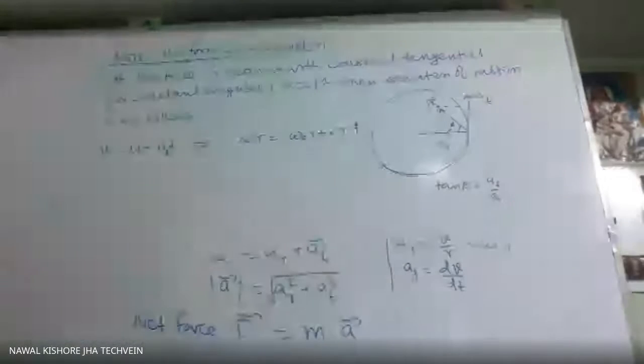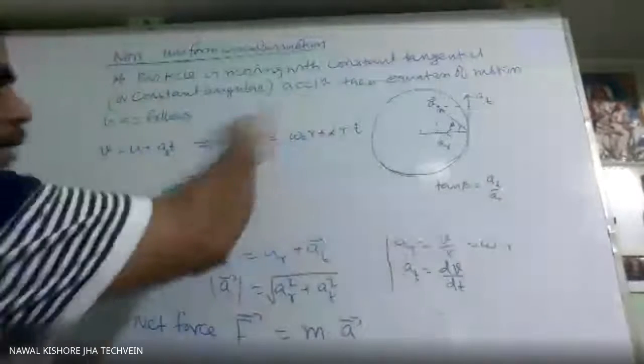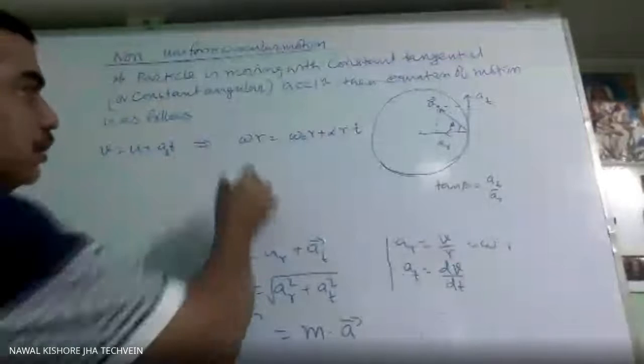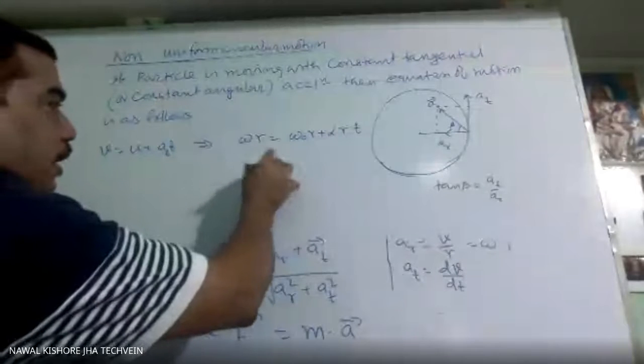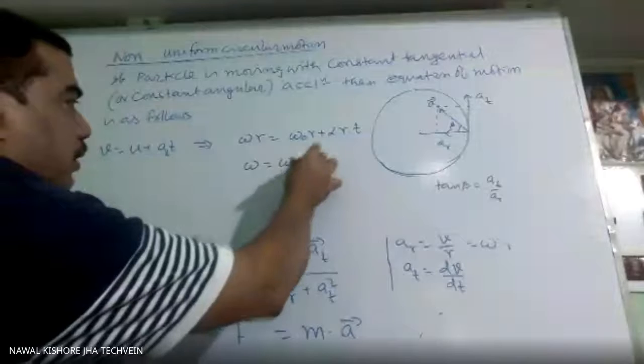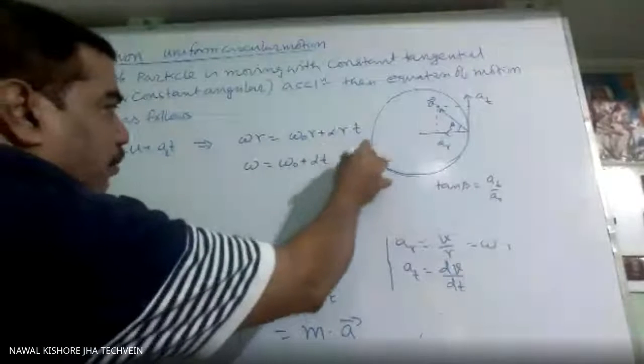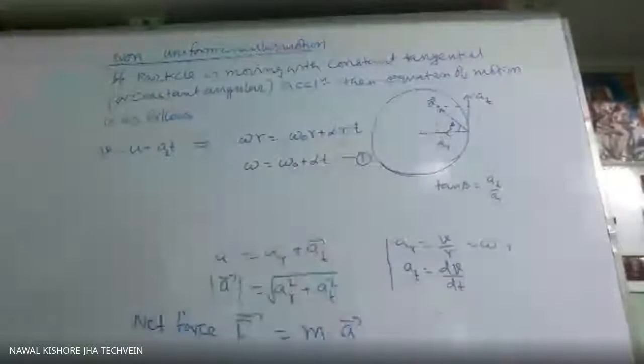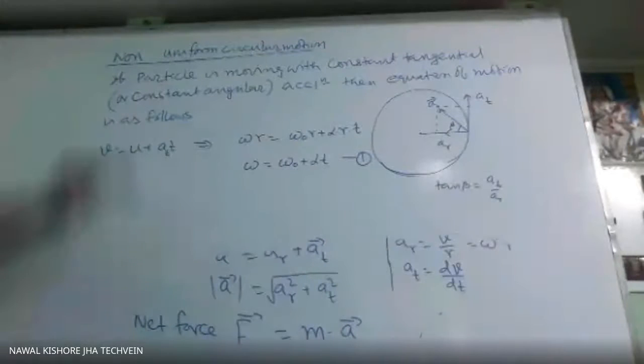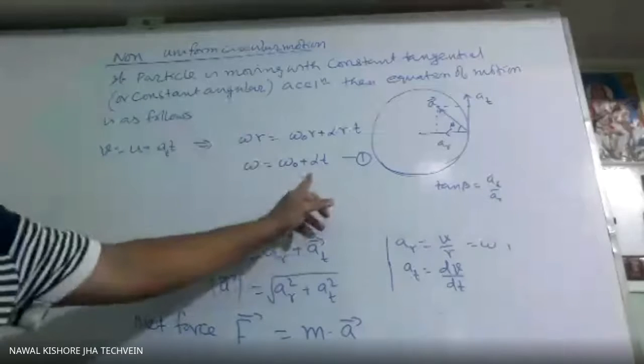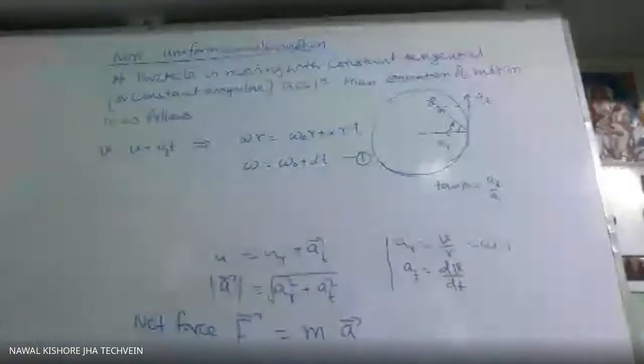So into T, this r is cancelled. So this omega is omega naught plus alpha T. That is our first equation. This equation which we did in linear motion, in angular motion it will come like this.